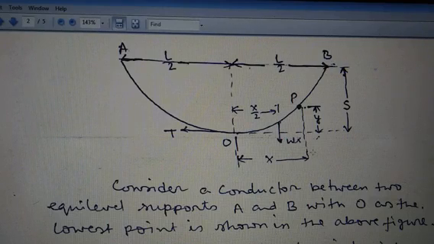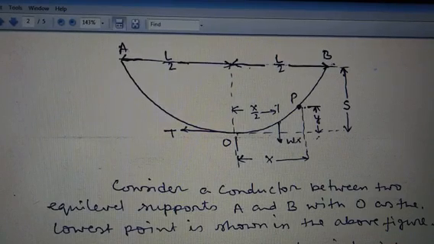The two forces acting on the portion OP of the conductor are: number one, the weight Wx of the conductor acting at a distance x by 2 from O. This is Wx, a force acting at the mid position of x. And number two, the tension T acting at O. So there are two forces in this case.